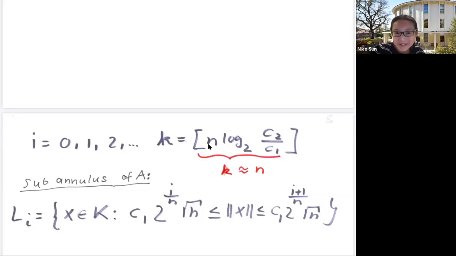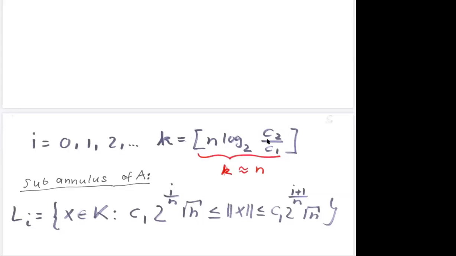Yeah, I think it's the floor of this number here. So it's n log to the base 2 of these constants C2 and C1 that we have. But you'll see the order, because dimension is typically large, it's actually of the order n. So that's where we end with the subdivision of our annulus.